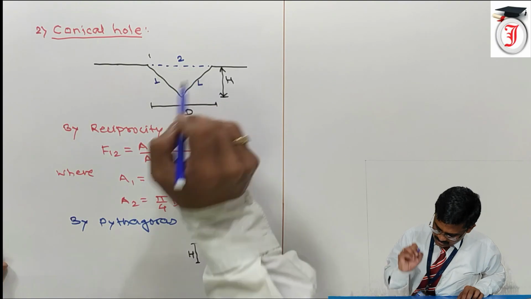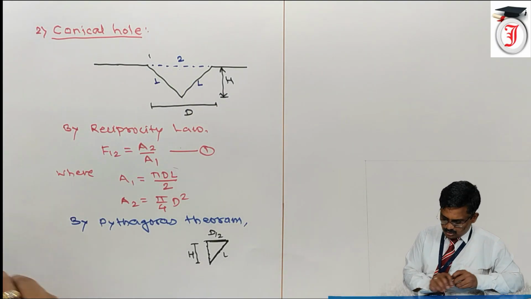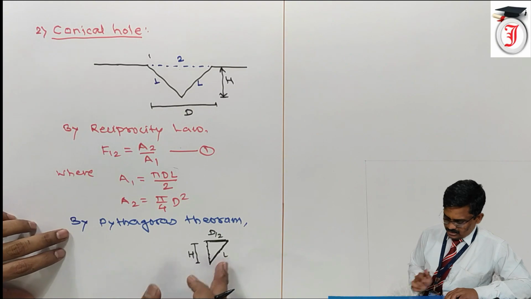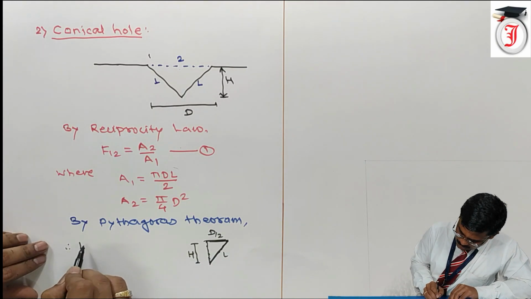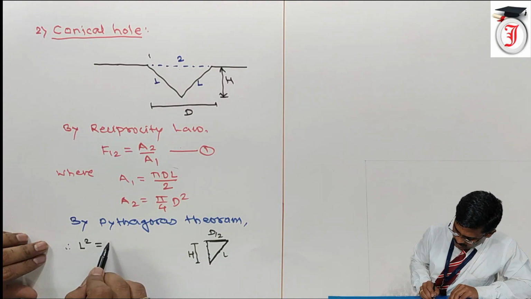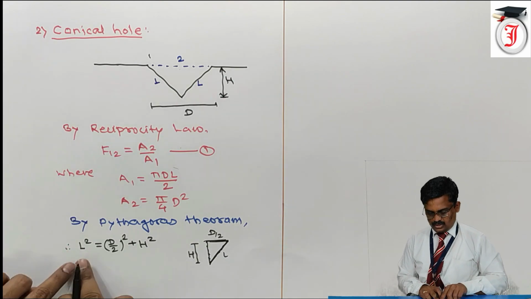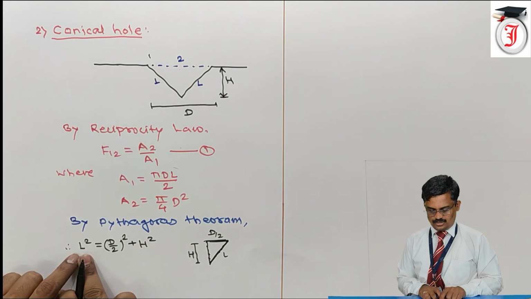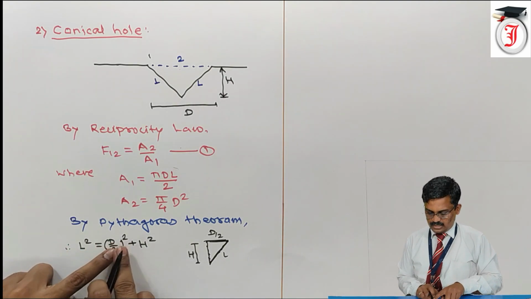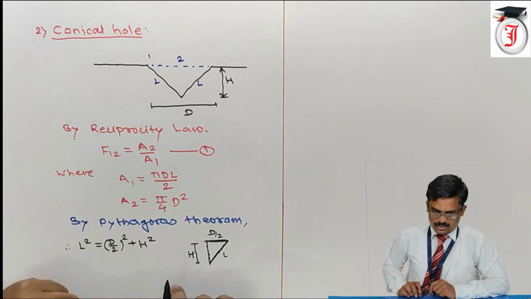So we can easily calculate slant height L. By Pythagoras theorem, L square is equal to d by 2 square plus h square.